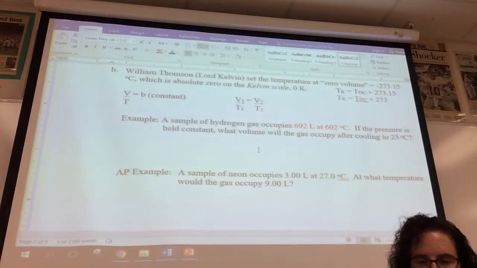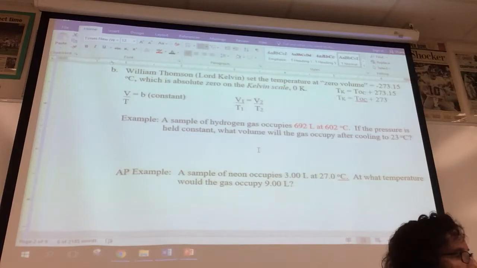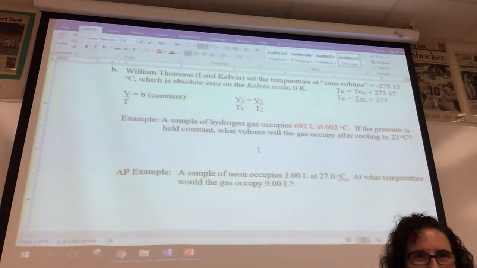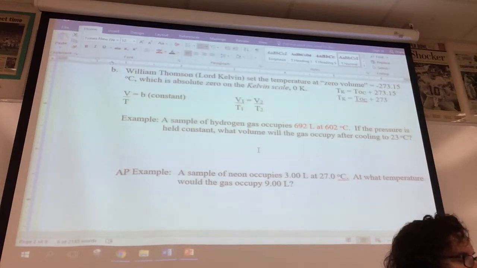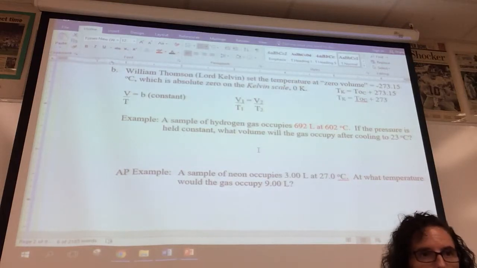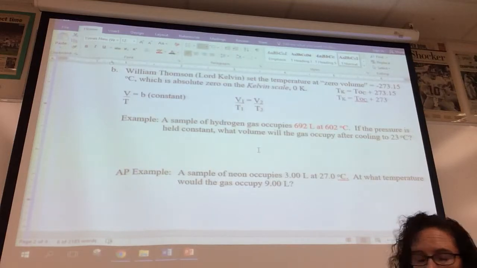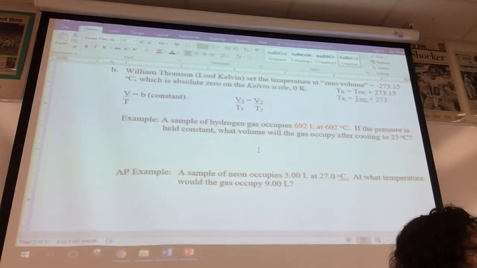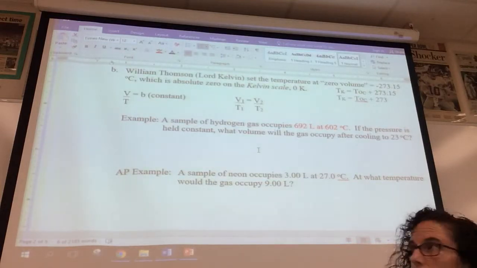What should happen to the volume? If we're decreasing the temperature, the volume will decrease. They're directly related. That's something you want to check at the end to make sure you didn't make any silly mistakes.